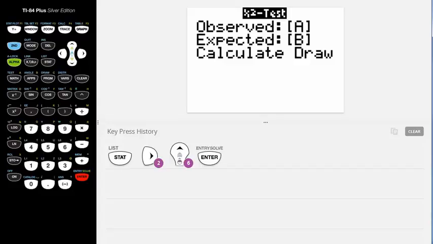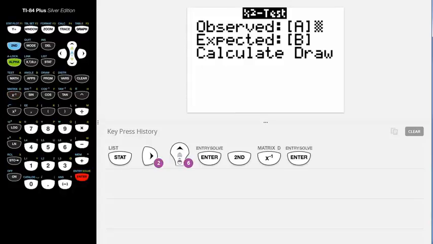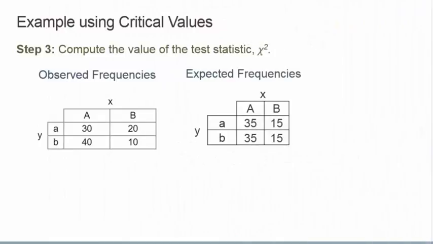But if it didn't say A, I could go to second matrix and choose number 1, A, enter, and it types it in for me. I'm going to go down to calculate, enter, and my test statistic, chi-squared, is 4.7619. Rounding to 2 decimal places, chi-squared equals 4.76.